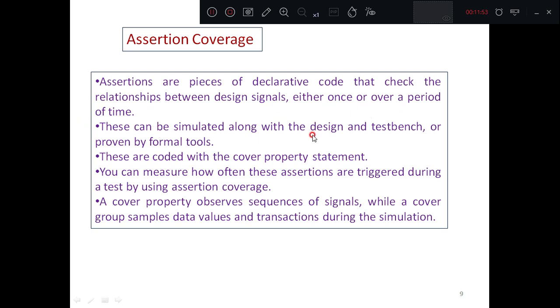These can be simulated along with the design and the testbench or proven by formal tools. These are coded with the cover property statement, which we will study in this chapter. We can also measure how often these assertions are triggered during a test by using assertion coverage. A cover property observes sequences of signals, while a covergroup samples data values and transactions during the simulation.